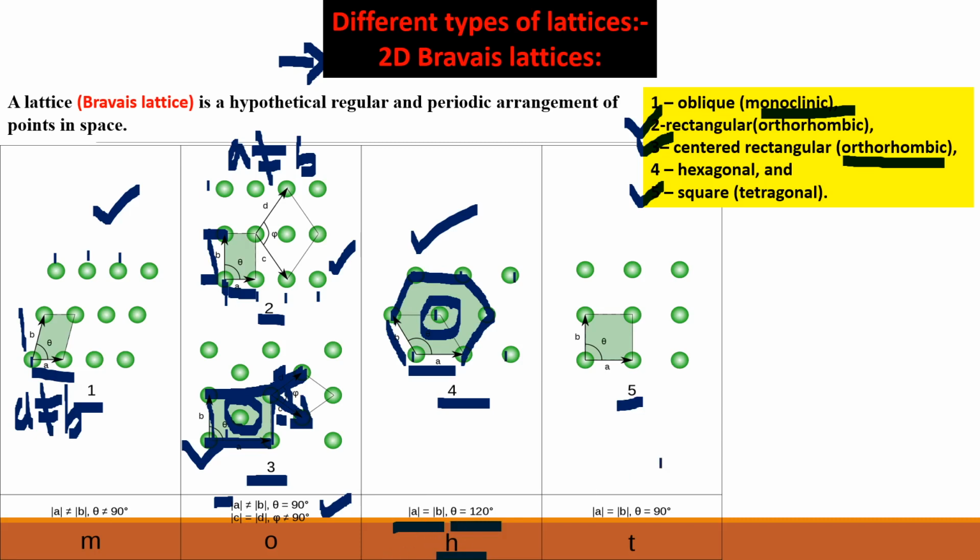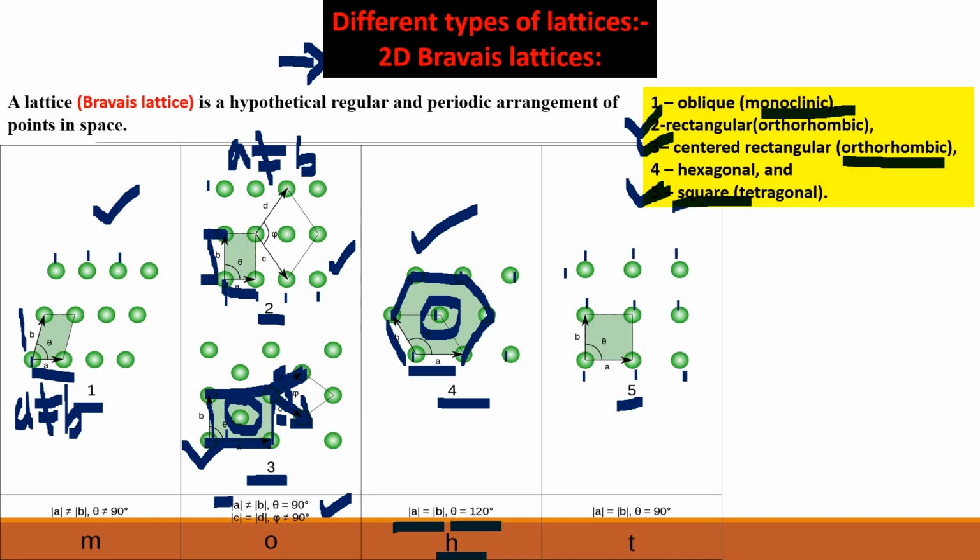So the last 2D Bravais lattice type is the square lattice. Square lattice indicates what? In this case, the atomic arrangement is located in a uniform direction, that is, vertically and horizontally in the same direction.